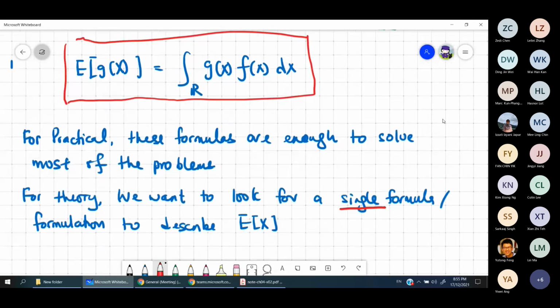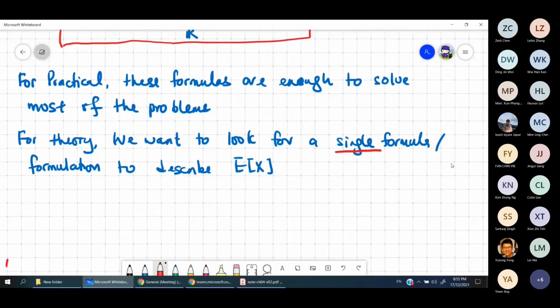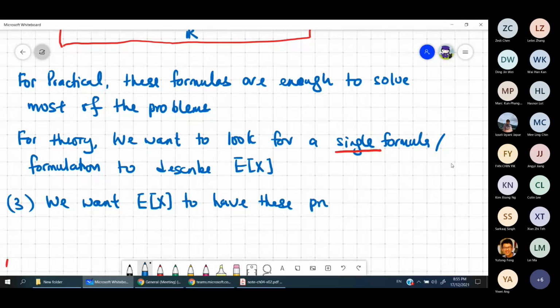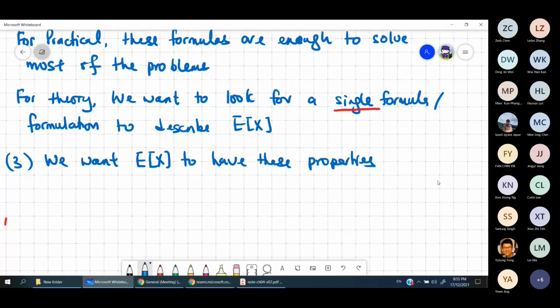Other than that, just to recall, we want E[X] to have these properties. Number one, for an indicator function, the expectation value must be equal to the probability of that event.